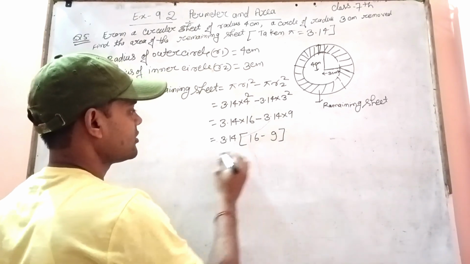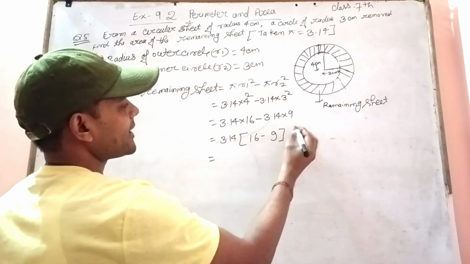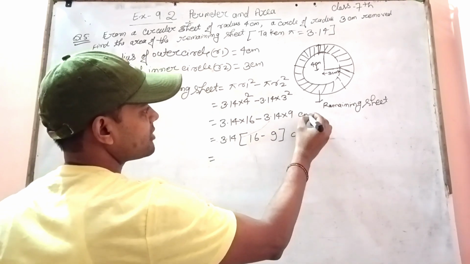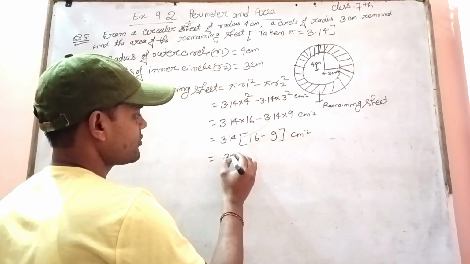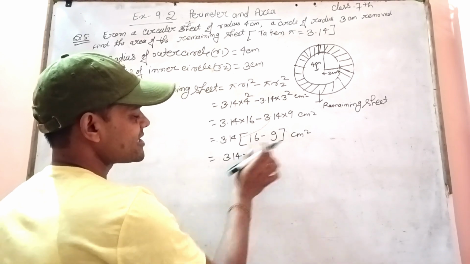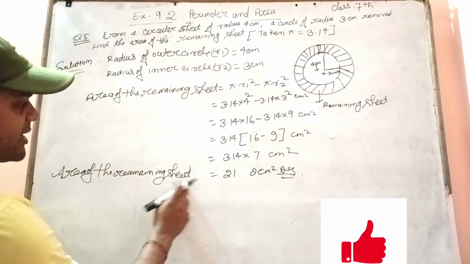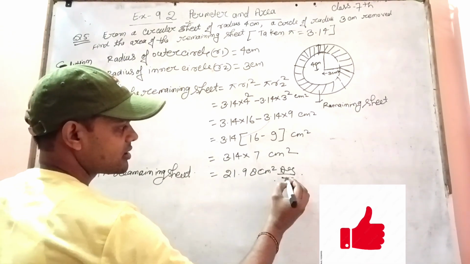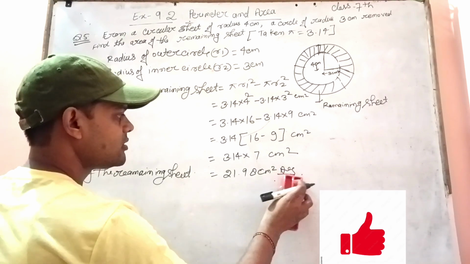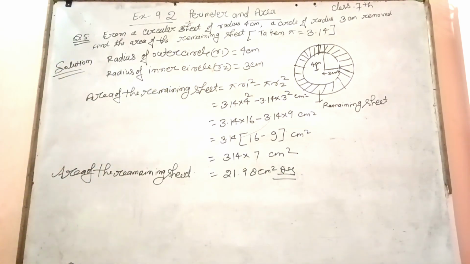Unit is centimeter square. 3.14 into 16 minus 9 is equal to 3.14 into 7, so the remaining sheet area is 21.98 centimeter square. You will get the answer.